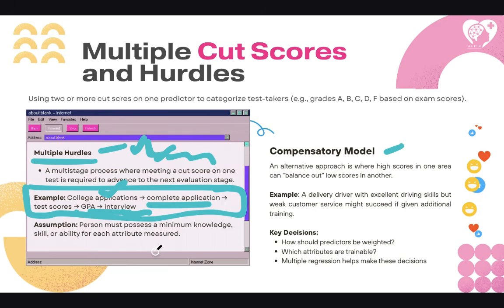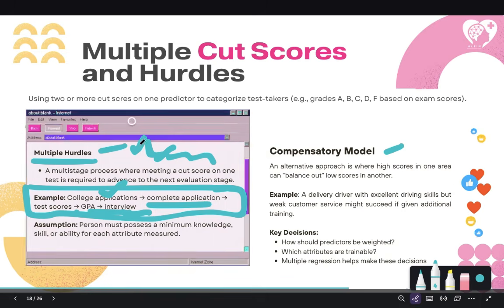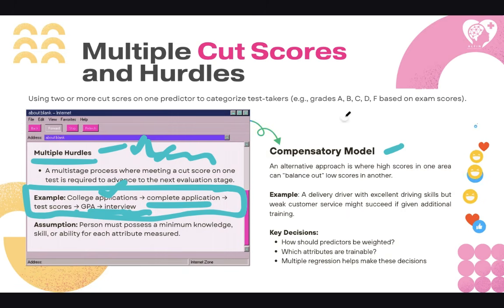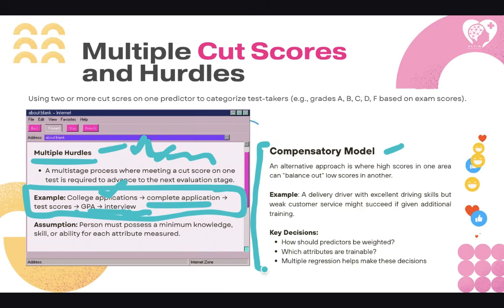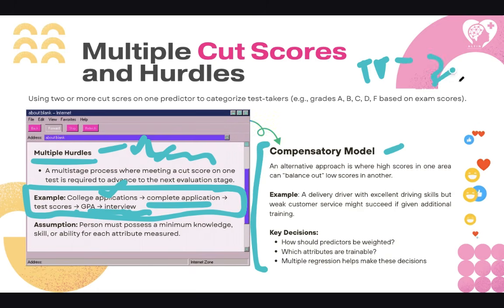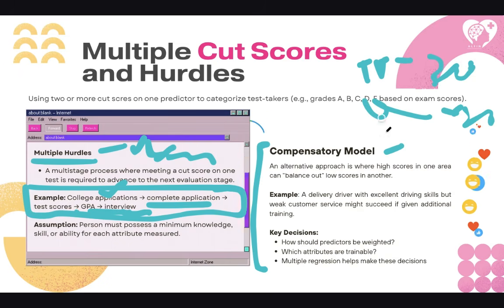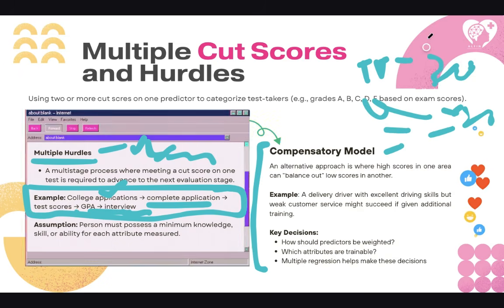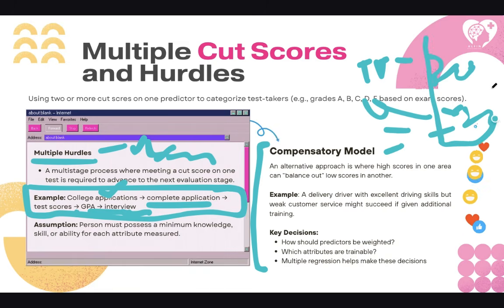You can see this one in beauty pageants, right, with differential weightings. For example, the talent portion is 30%, Q&A is 20%, and evening gown is another percentage. These percentages are what you call the weights.